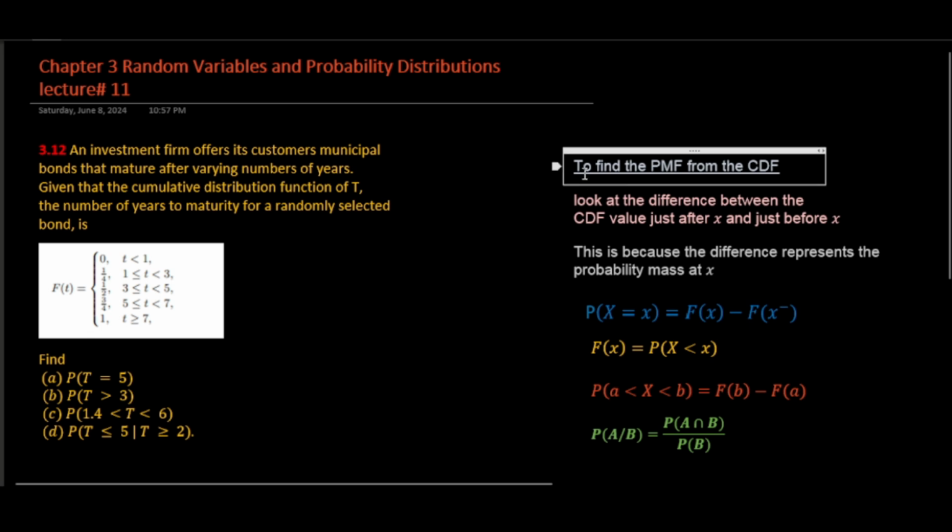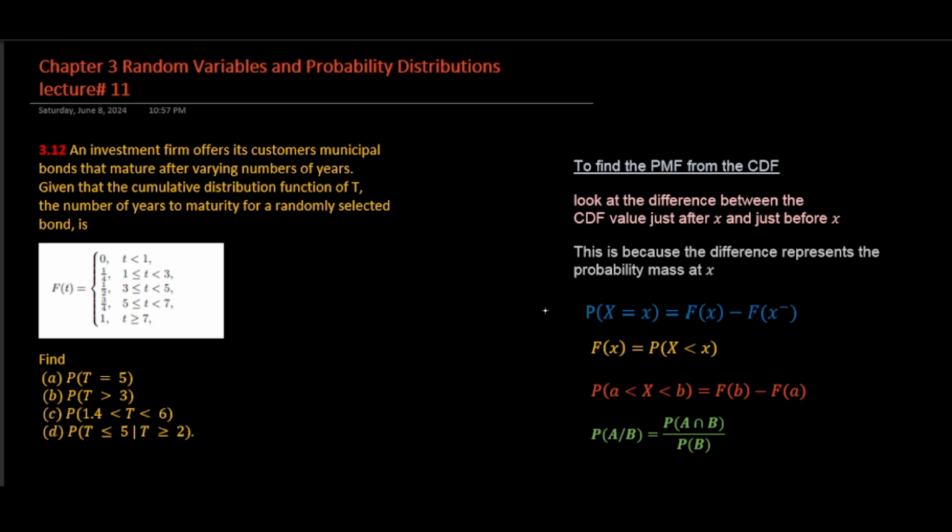You can see, to find the probability mass function from the cumulative distribution function, if you look at the first formula, the probability of capital X equal to small x, this is the probability mass function of a single value. This is equal to the cumulative distribution function at x minus the cumulative distribution function just before x.